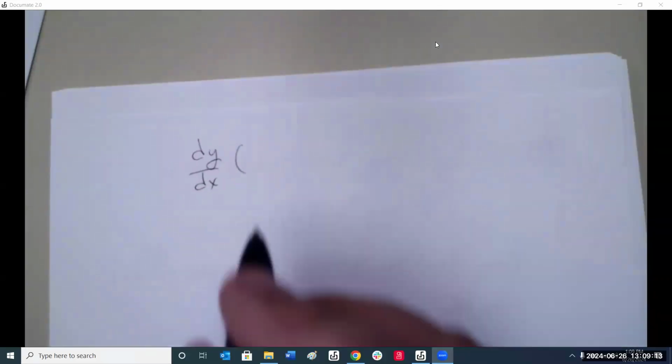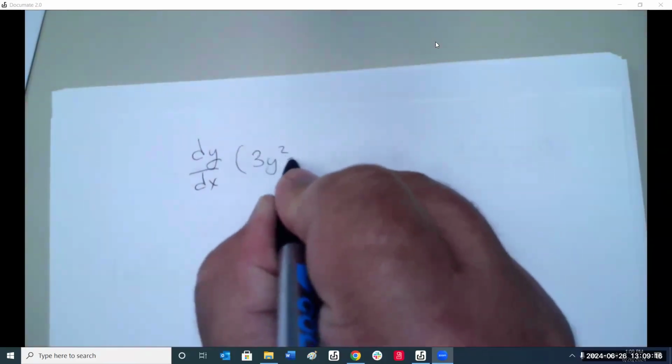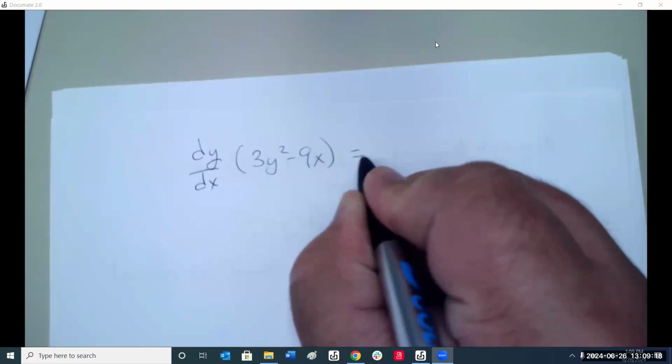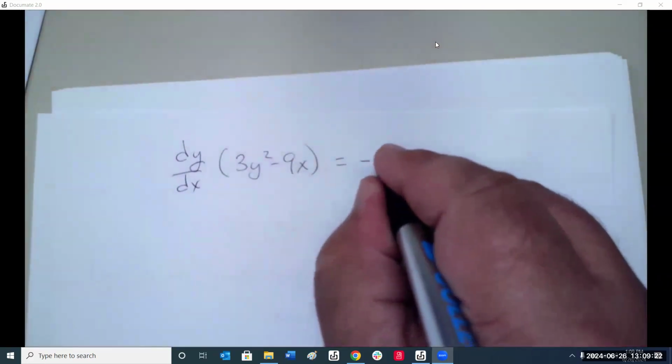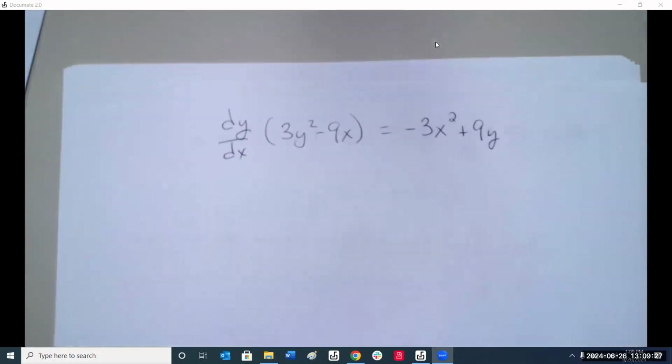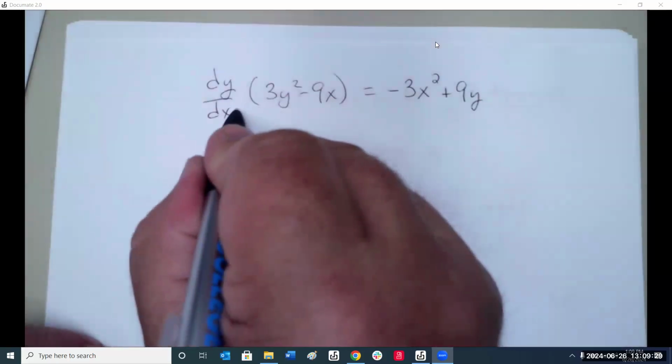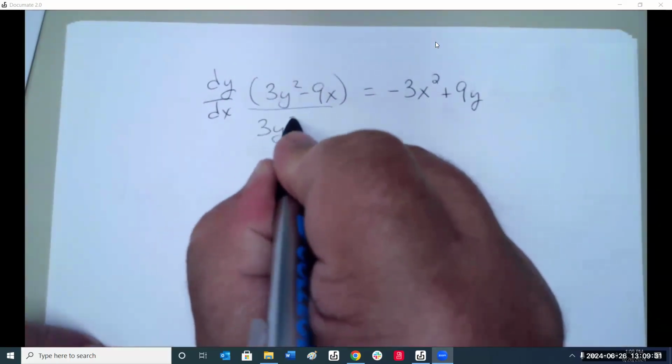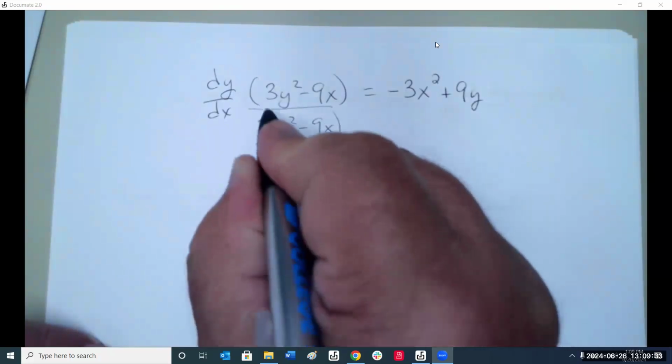So we got dy dx times 3y squared minus 9x equals negative 3x squared plus 9y. Divide both sides by that.